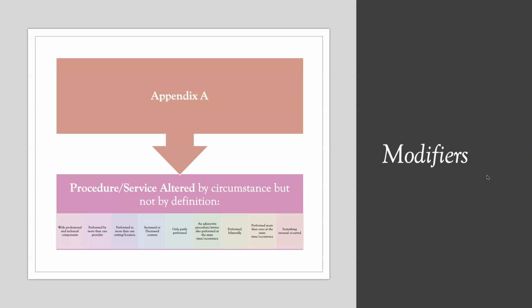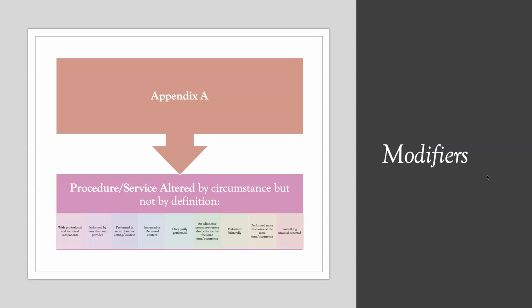A modifier provides the means to report or indicate that a service or procedure that has been performed has been altered by some specific circumstance, but not changed in its definition or code. Modifiers also enable healthcare professionals to effectively respond to payment policy requirements established by other entities.